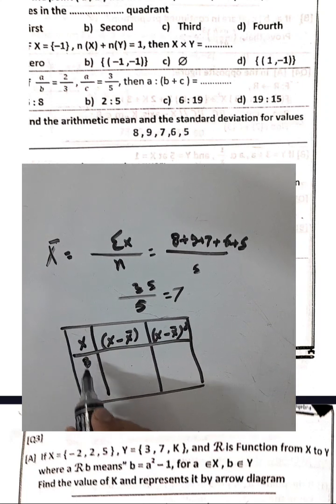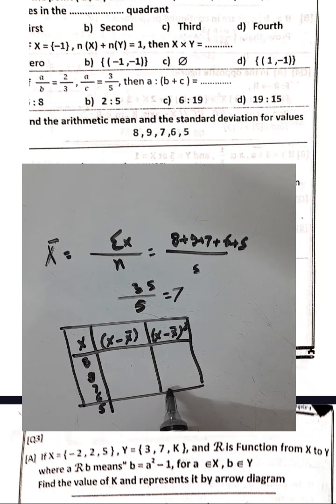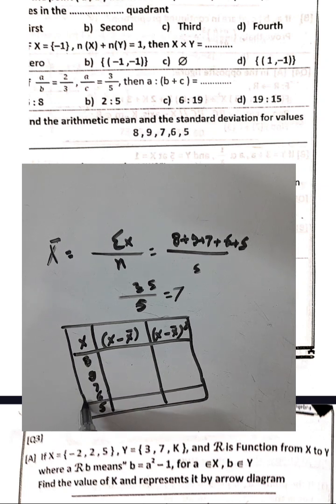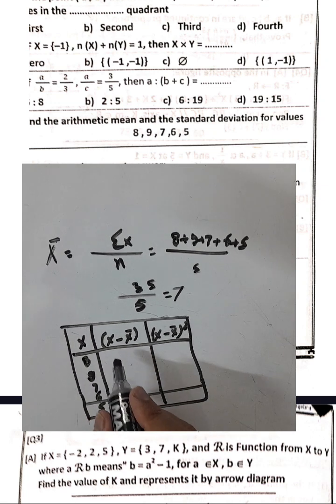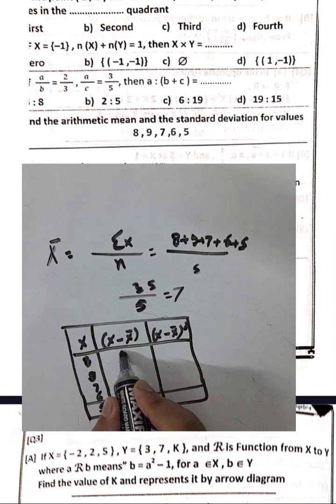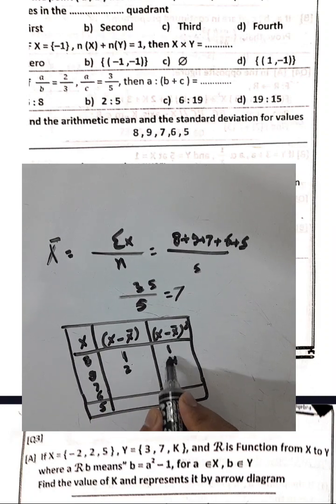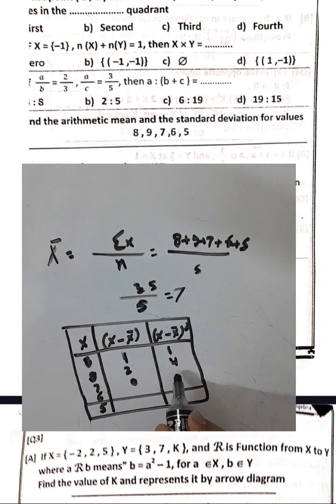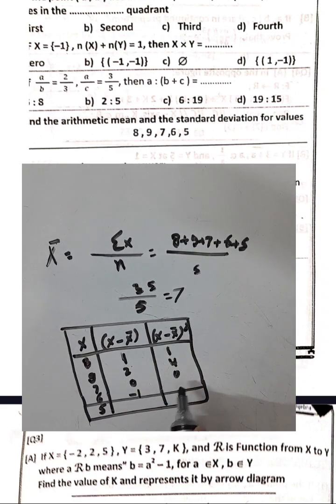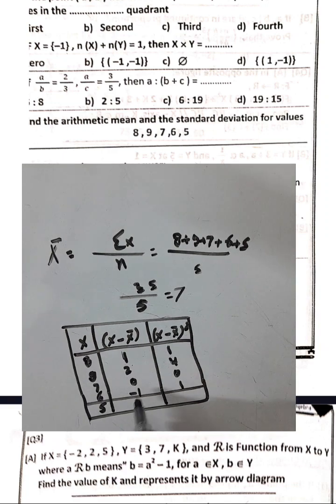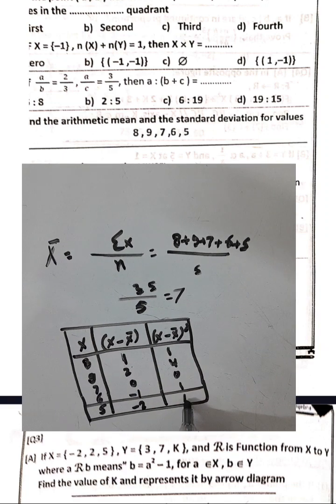X here is 8, 9, 7, 6 and 5. x minus x bar: 8 minus 7 is 1, 1 squared is 1. 9 minus 7 is 2, 2 squared is 4. 7 minus 7 is 0, squared is 0. 6 minus 7 is negative 1, squared is 1. 5 minus 7 is negative 2, squared is 4.